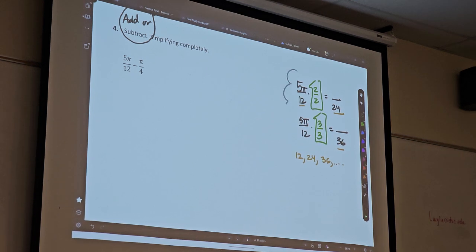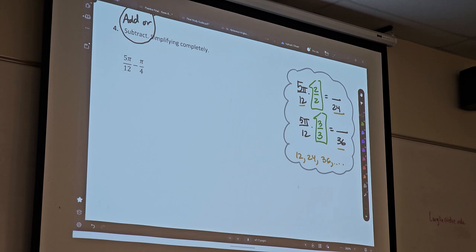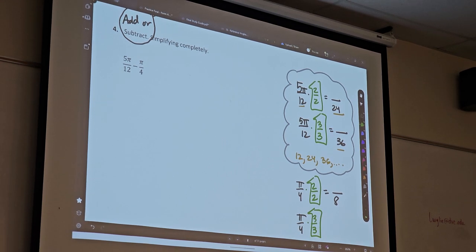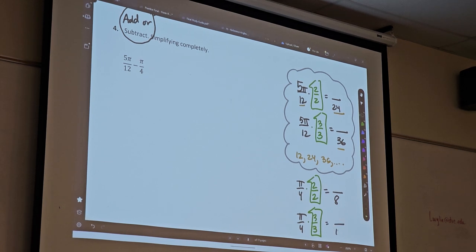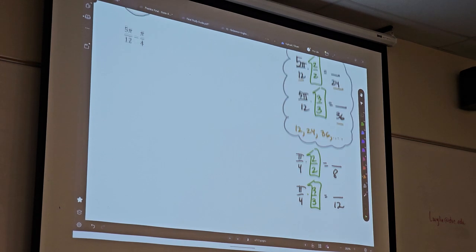Fourths, this is just strategy. Fourths I could turn into 8ths by multiplying by 1 in the form of 2 over 2. Who cares about the numerator? I could end up with 8ths. I could take fourths and multiply by 1 in the form of 3 over 3, and I'd end up with 12ths.